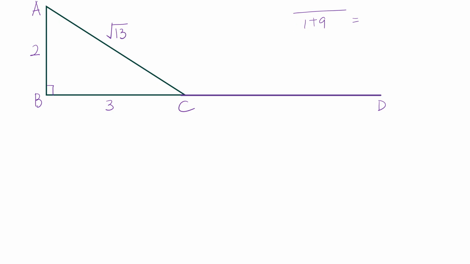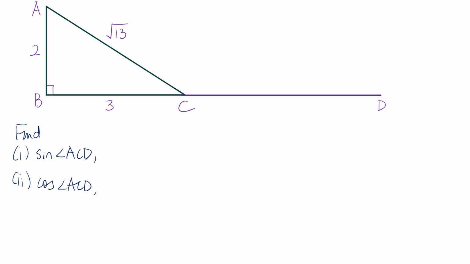Then the question would be: find part I, the ratio for sine angle ACD, the ratio for cosine angle ACD, and the tangent of ACB. Okay, that's it.